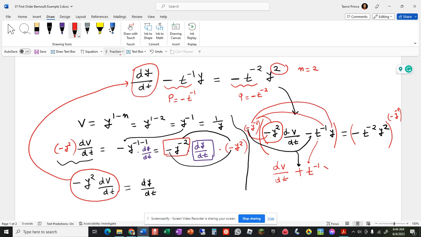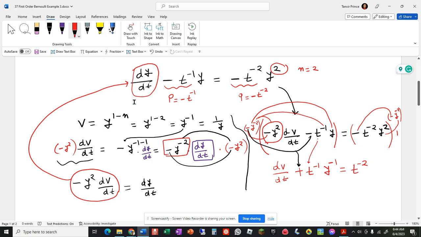So that's y to the power negative 1 equal to, here copy negative, actually negative times negative, that's positive. So that's positive. So I have t to the power negative 2, and then of course y square, and y to the power negative 2 is 1, right? So all I have is just t to the negative 2.